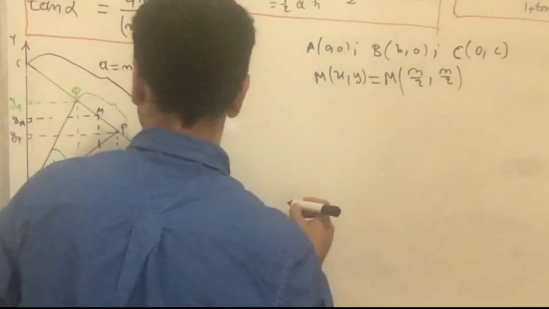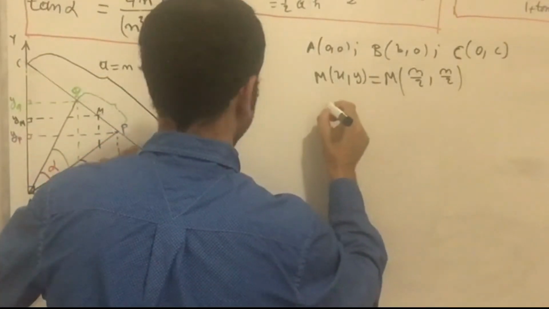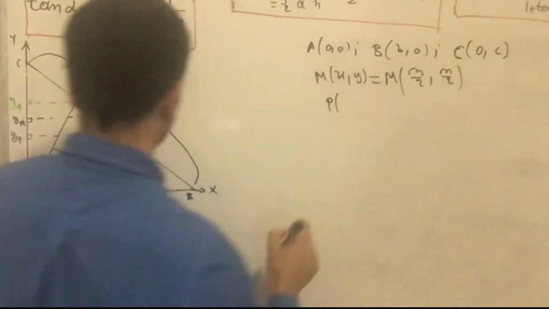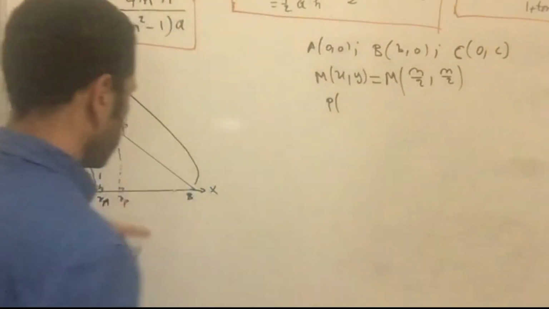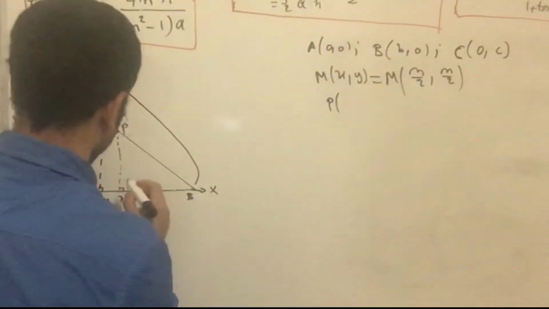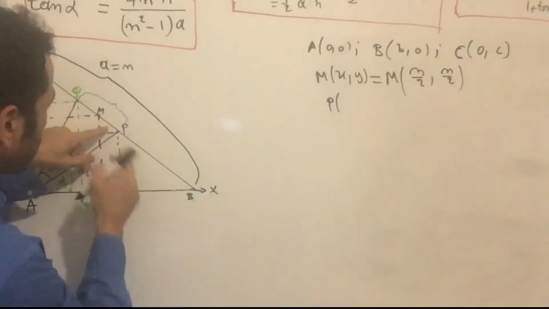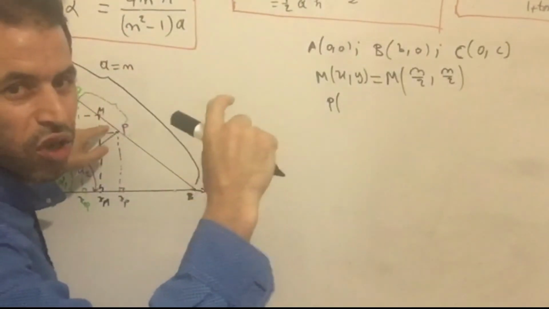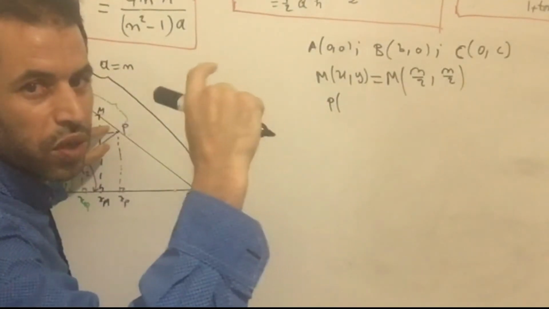So what's the coordinate of P? As I explained, P is the midpoint plus the half distance that I proved, 1 over 2.